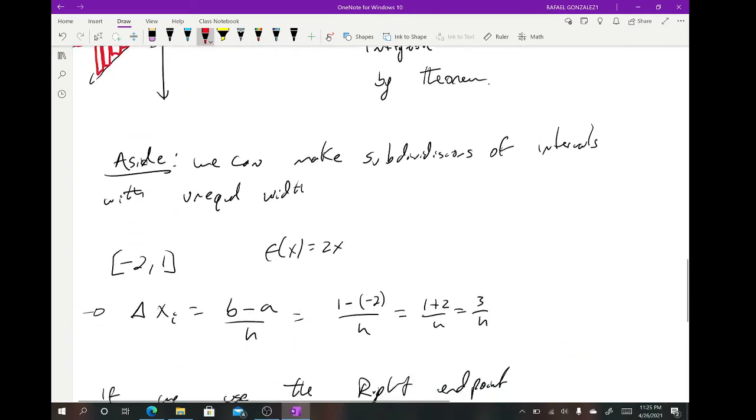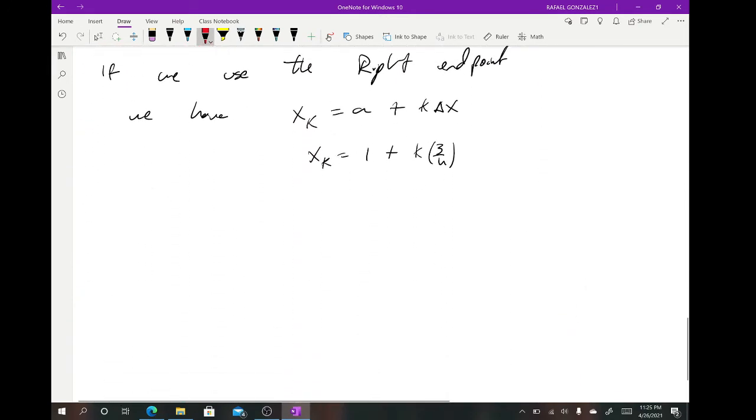If we are able to plug into this Riemann sum and solve, then we will be able to find what the value of the integral is.